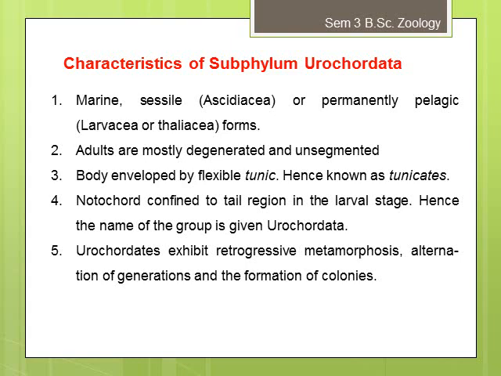But when it metamorphoses into adult, the adult lacks those advanced characters. So during the metamorphosis, the more advanced, more chordate-like larva transforms into a less chordate-like primitive adult. That kind of metamorphosis is known as retrogressive metamorphosis. How this happens, we will be learning when we study the type species.